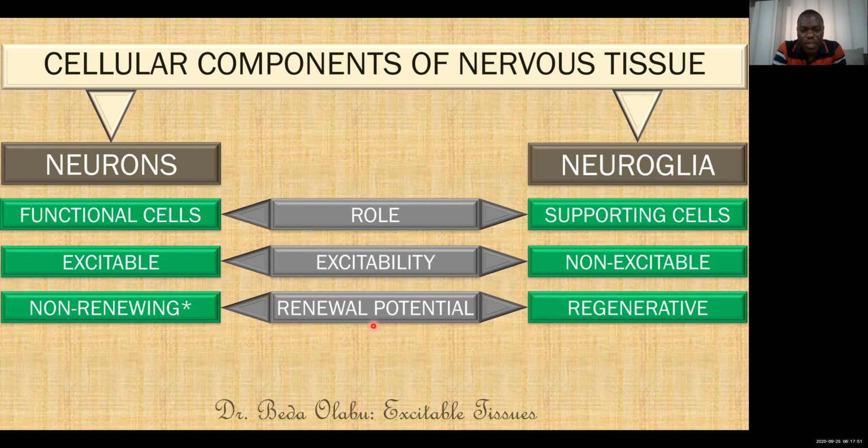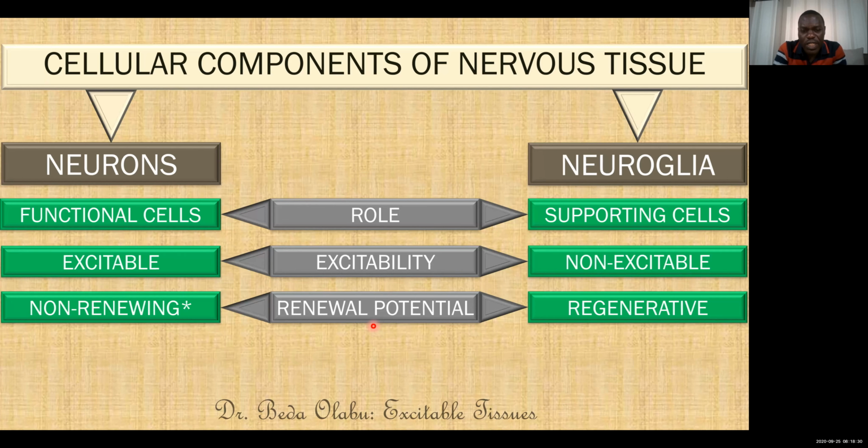And I put that with a pinch of salt because it doesn't apply to all neurons in the body, but it applies to most neurons in the body. Almost all, because it's over 90% actually. Most neurons do not divide. As a matter of fact, the neurons you're born with could be more than the ones you have right now, because immediately after you are born, there are those that actually die.